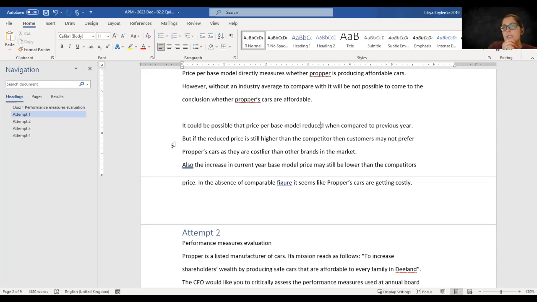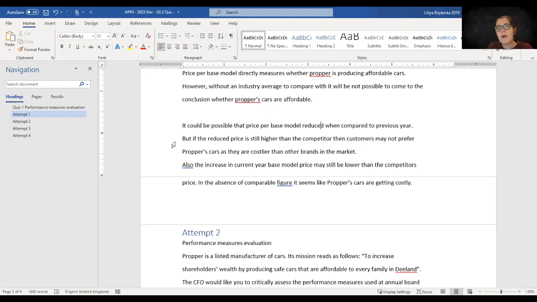But if the reduced price is still higher than competitor, then customers may not prefer Prober's cars as they're costlier than other brands in the market. Well, affordability is not really about competitors. It's about our pocket. For example, maybe our country is a low-income country, and I have only some posh producers such as, let's say, Audi and Bentley and so on.